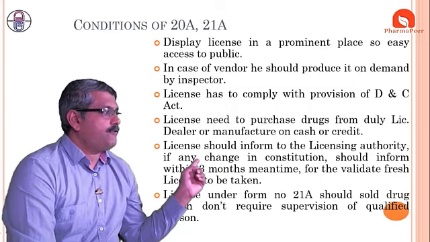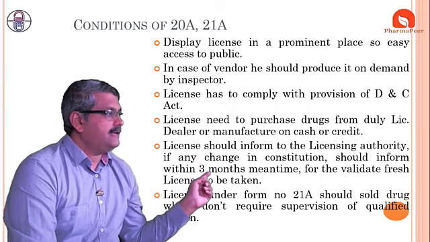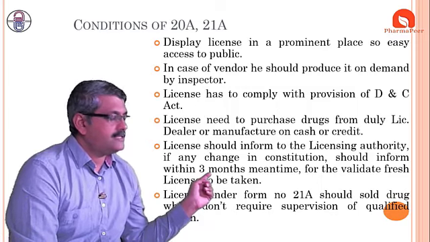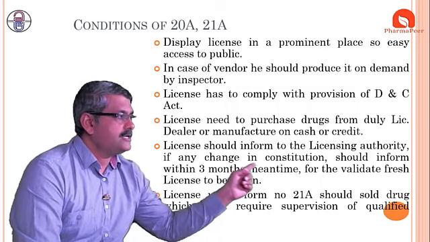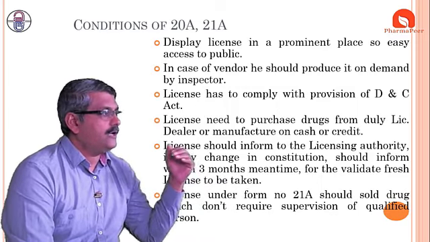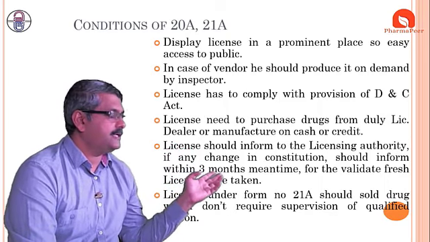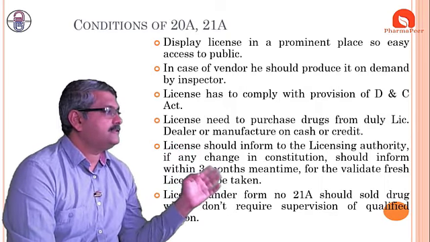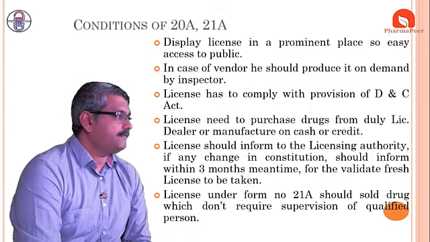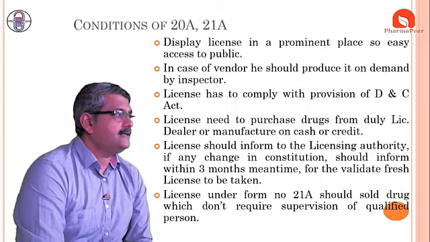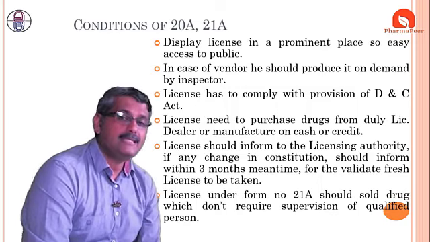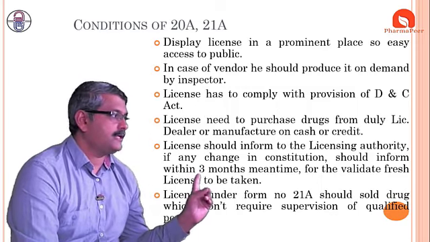The licensee should inform the licensing authority if there is any change in the constitution of his license or in the constitution of his dealership, within 3 months, for a valid fresh license to be taken. This is also one more thing.